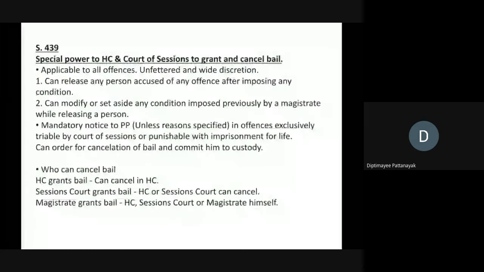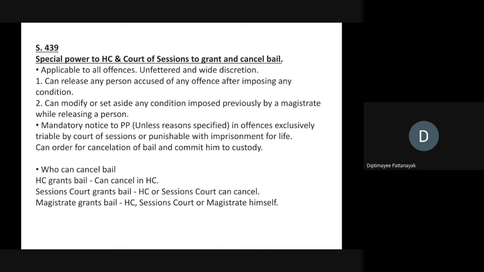There is a specific mandatory provision that notice to the PP, or public prosecutor, unless reasons are specified, is to be given in offences which are exclusively triable by the Court of Sessions or punishable with imprisonment for life. So, in cases which are exclusively triable by the Court of Sessions or punishable with imprisonment for life or death, in such cases, mandatory notice is to be given to the public prosecutor.